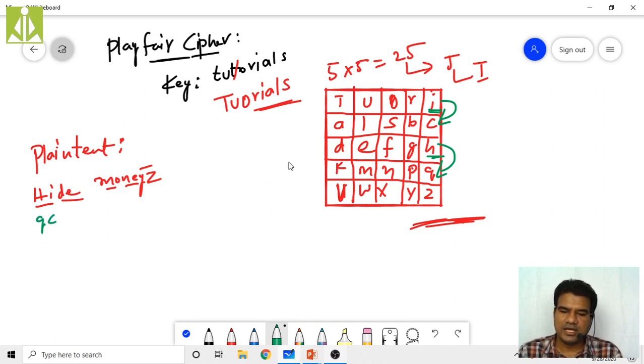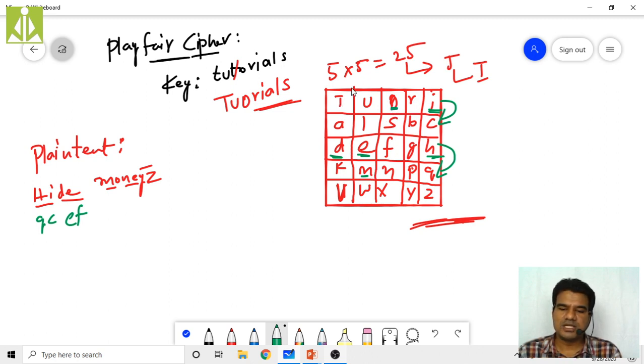Next, DE. So D is here, E is here. If they are falling under the same row, you select the equivalent right side character to that given character. So for this D, I have to select the right side character, that is E, and for this E, I have to select the right side character, that is F. So EF. For all other cases, like MO, M is falling here and O is falling somewhere here.